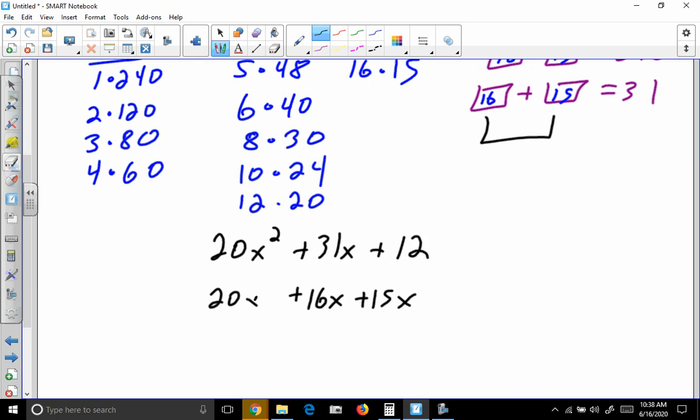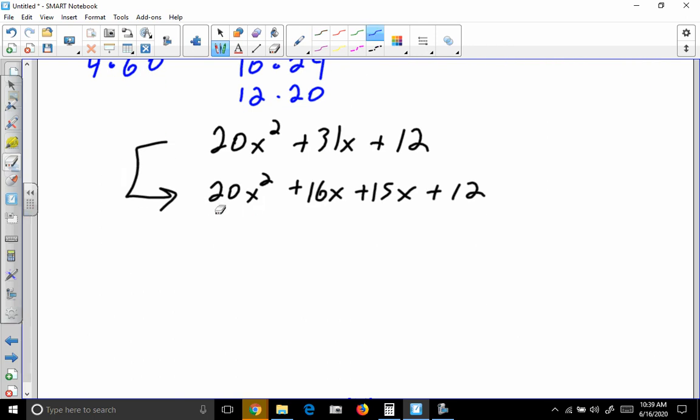We're going to bring down the 20x squared, and we're going to bring down the 12. So we just rewrote this polynomial into having 4 terms instead of 3 terms. We still have the 31, it's just written in a different format. And it doesn't matter if we put the 16 here and then the 15 or in the other order. It'll still work.